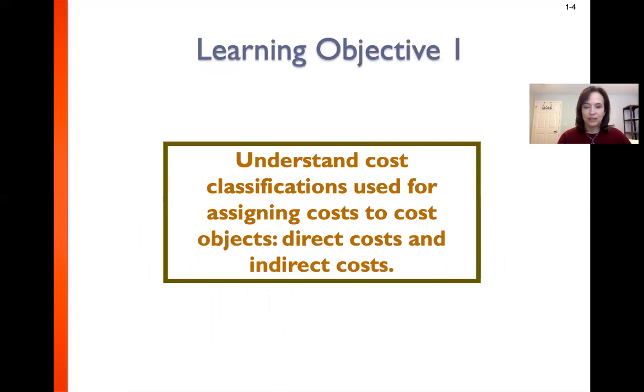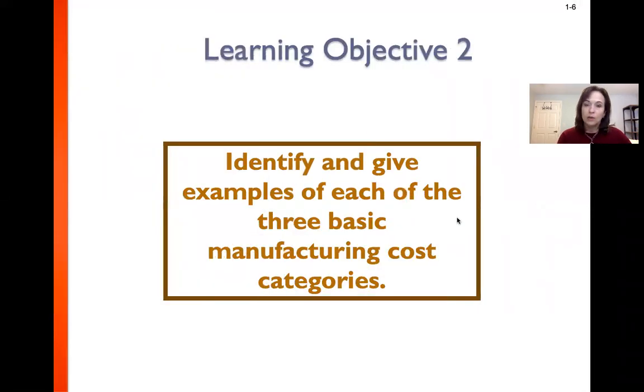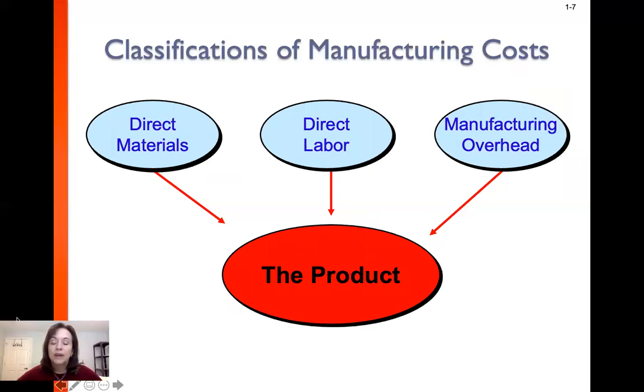So cost classifications, let's just get right into it. We're going to deal a lot with manufacturing. A manufacturing company is a company that's taking raw materials and turning them into another product that they are selling.